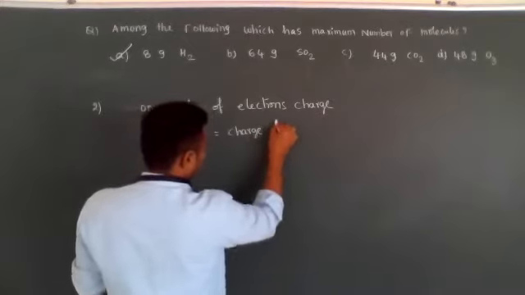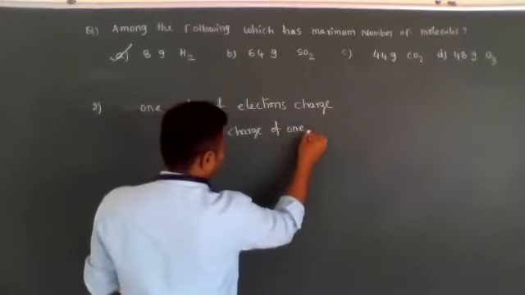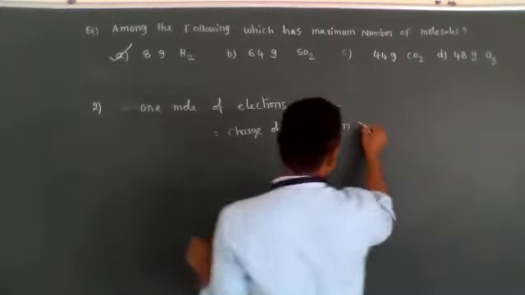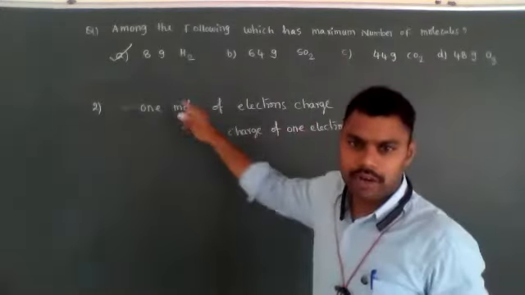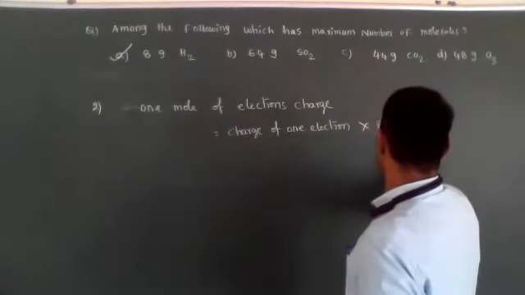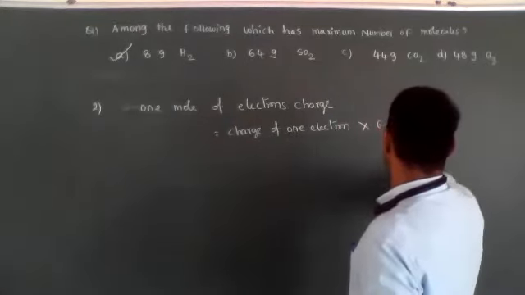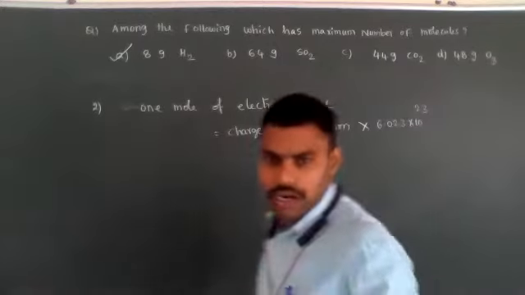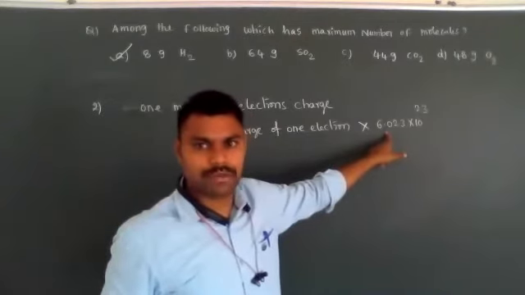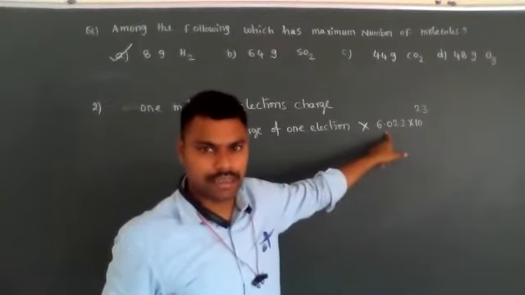Take the charge of one electron into 1 mole. How many electrons are present in 1 mole? 6.023 into 10 to the power of 23 electrons are present.